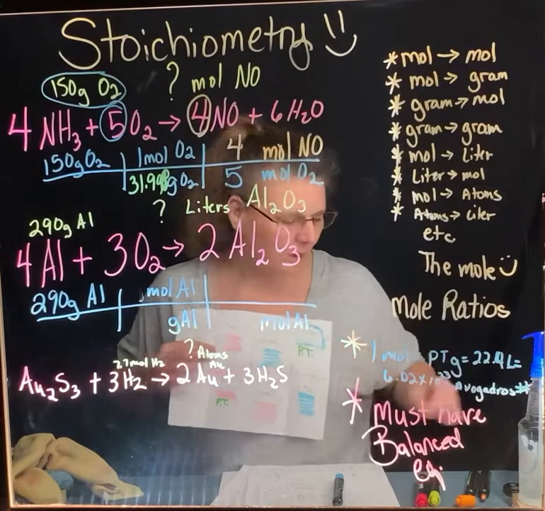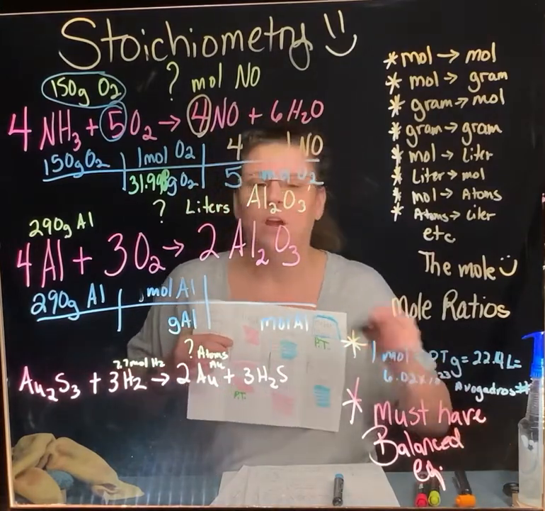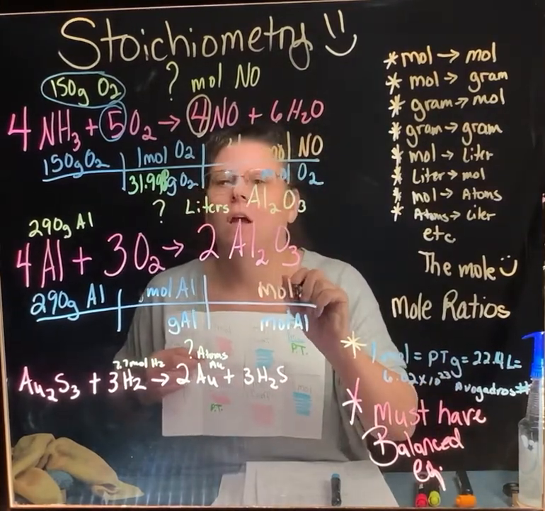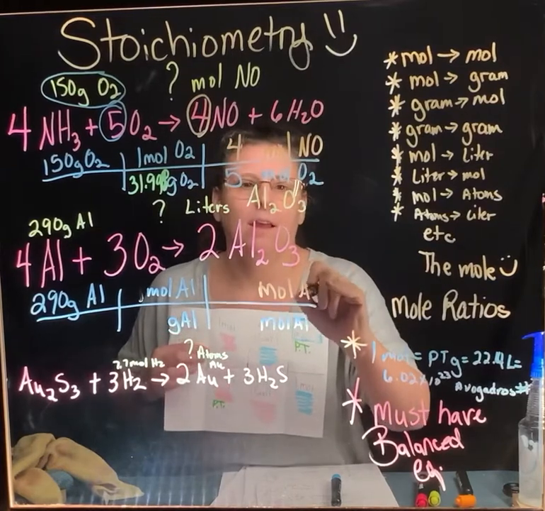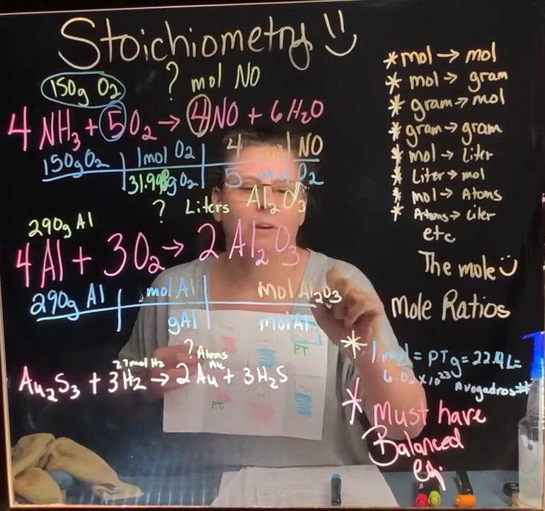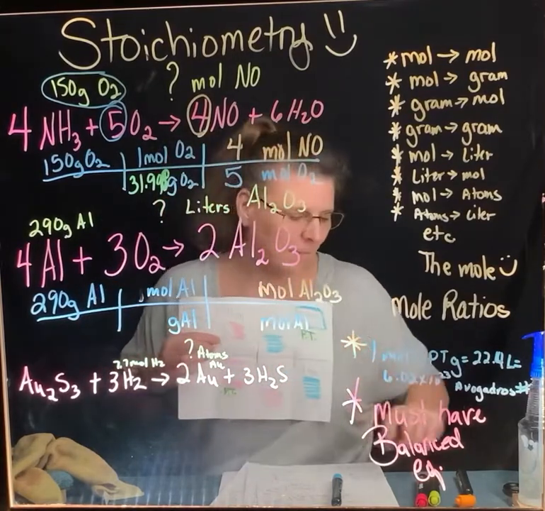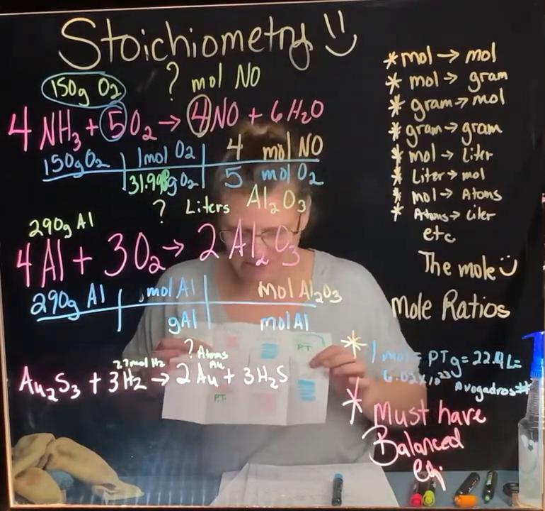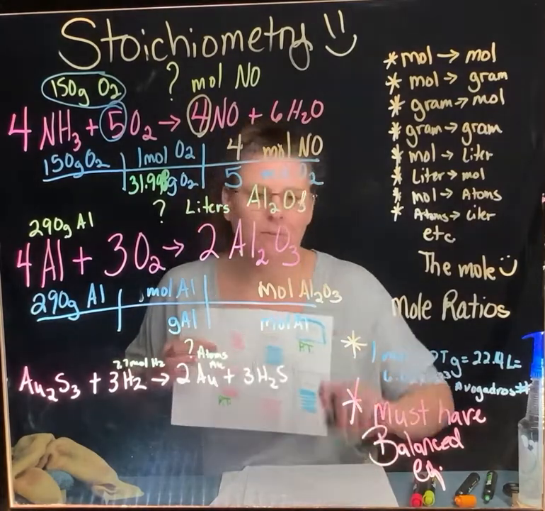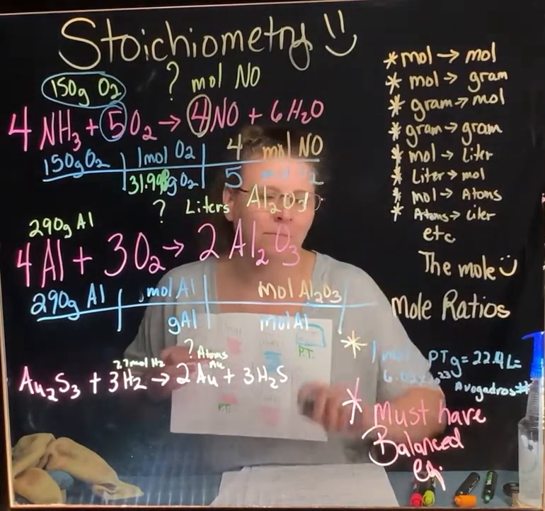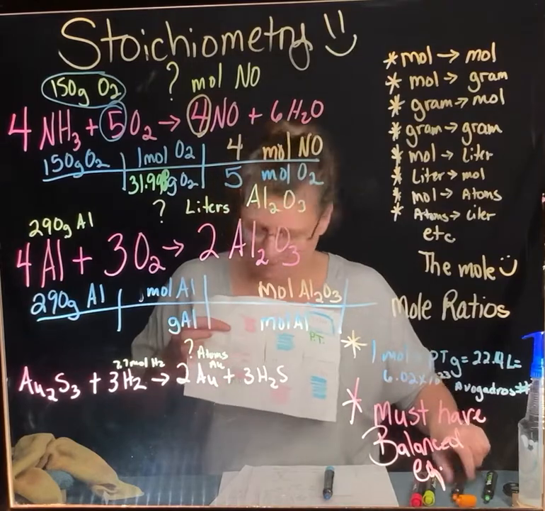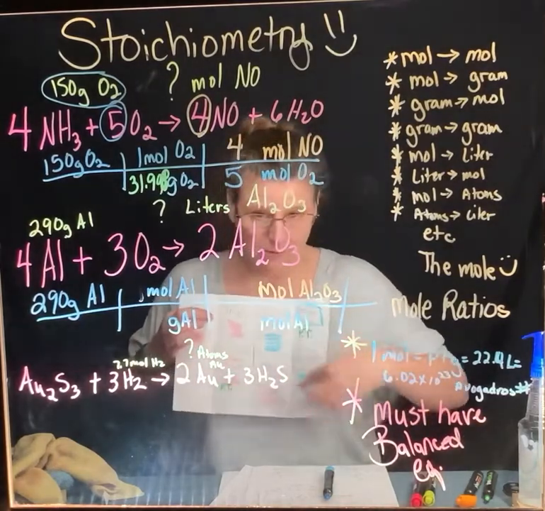The moles of the unknown. So I did that in orange. Moles of Al2O3. We're trying to see if I have this much reactant, how much product can I make, okay? Am I done? Well, no, I got 1 more step. So I'm going to take my thing out 1 more time. And what's on the top, and you notice it's in the same color.